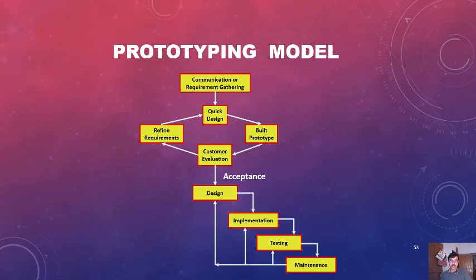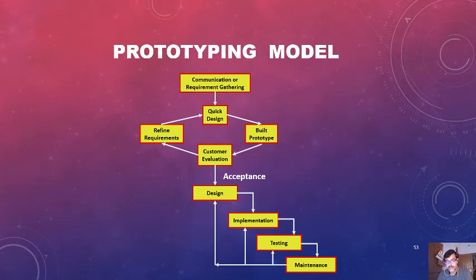So design, then implementation or coding, unit testing. Sometimes the coding and unit testing phases are called implementation, and then testing, then maintenance. So these four phases are iterative, like the iterative waterfall model.